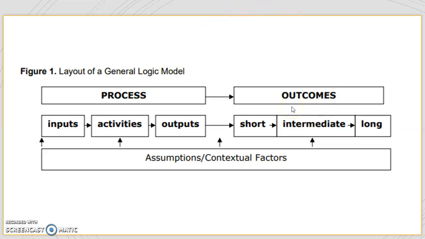The impact is the outcomes now. Now, the outcomes could be short-term outcomes, intermediate outcomes, or long-term outcomes. And of course, we have the contextual factors that may impact on the whole evaluation process.